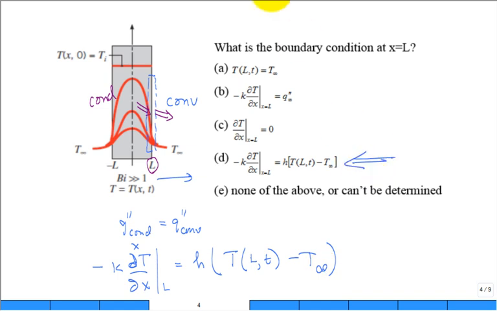Why is this a temptingly wrong answer? Because sometimes people look at it and say, the surface temperature immediately goes to the fluid temperature. But it's not. It's still a little above until all the heat's out, and eventually then the surface temperature is the fluid temperature, the centerline temperature is the fluid temperature.